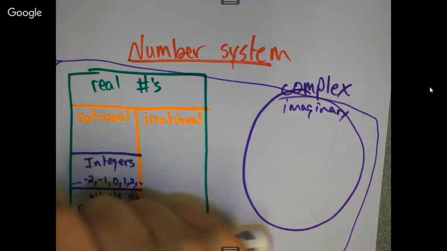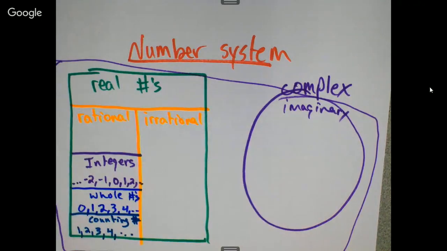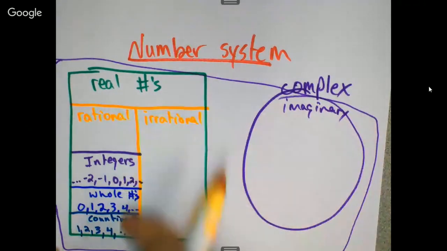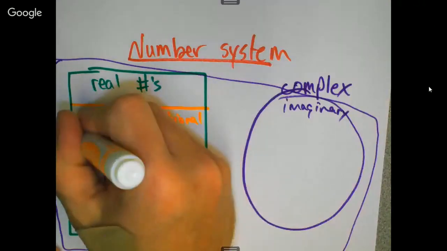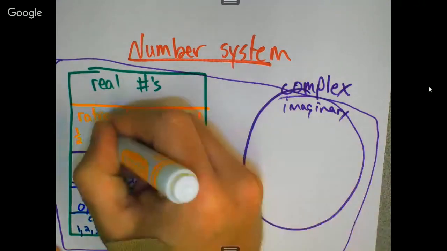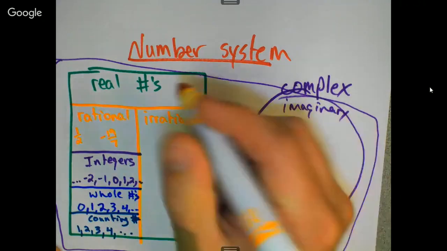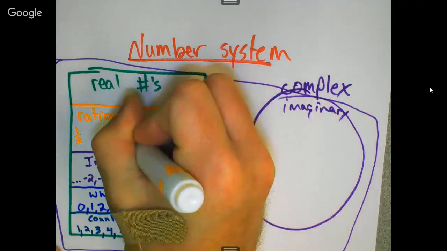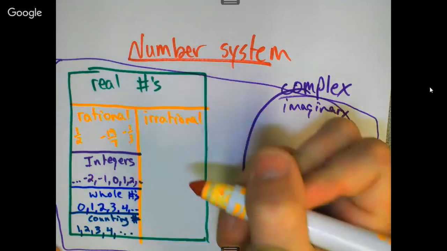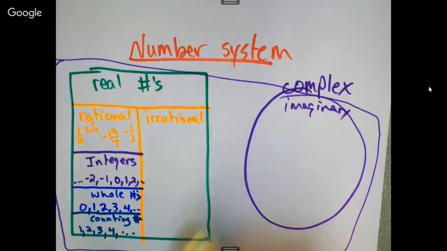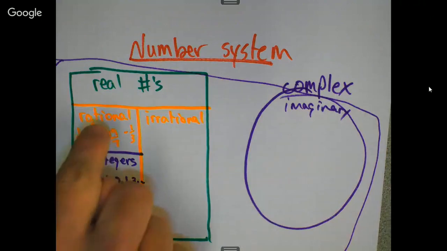A rational number is any number that can be put into a fraction. Okay, so rational numbers will include all of these, but also it might have a half. It might have negative 19 over 7. It could have negative 1/3. It could have 3.6 repeating. Any number that can be put into a fraction is a rational number.